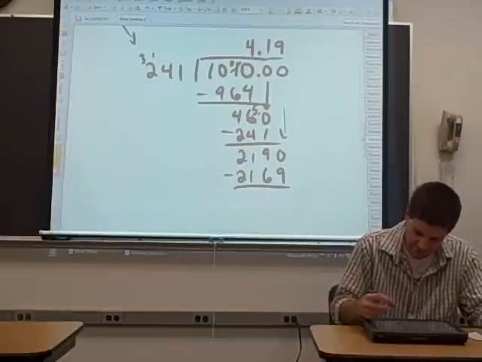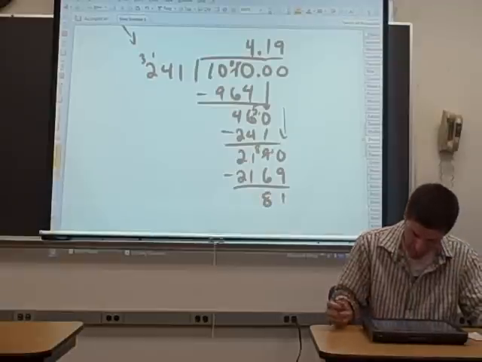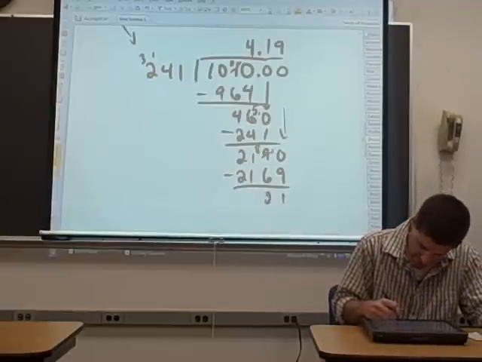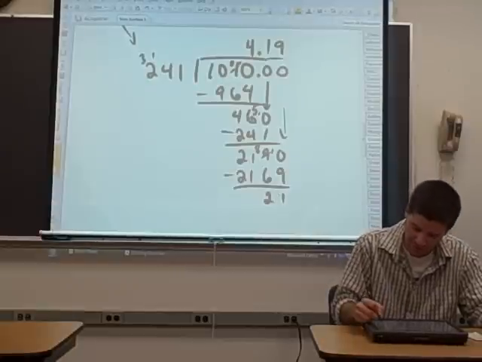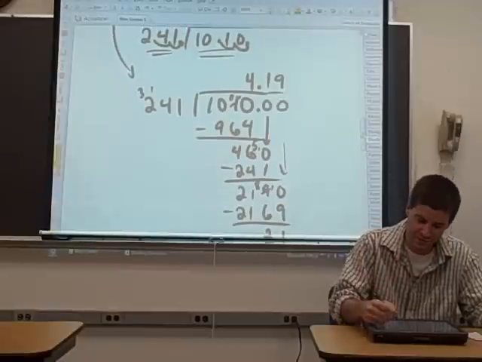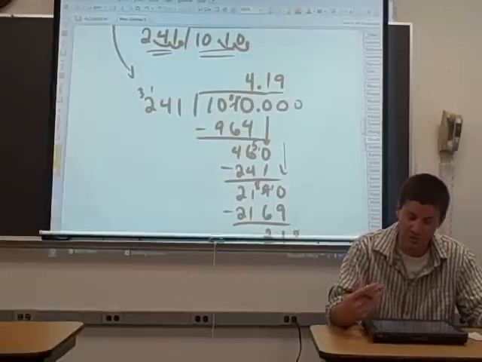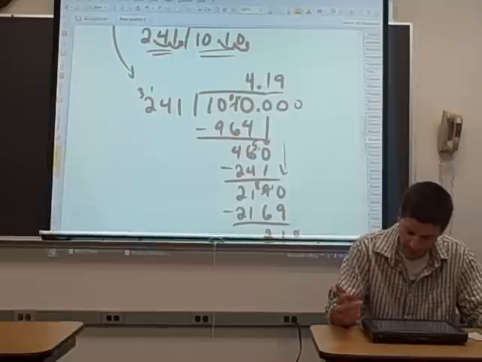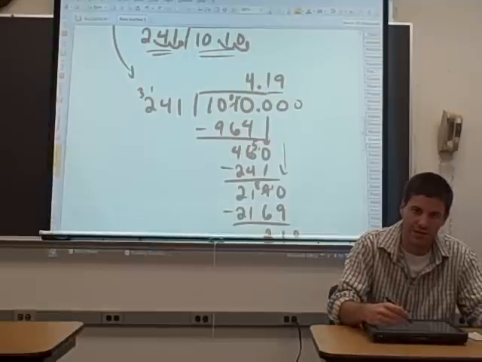We have to subtract, unfortunately. My least favorite thing to do. Oh, see, that's why. 8 minus 6 is 2, and I think that's right. We get a remainder of 21. If we want to continue this problem, we could continue to add zeros and continue to divide. You can go on forever if you want to. I'm going to cut this thing off, and I'm going to round 4.19 up to 4.2.